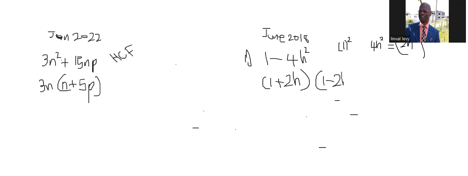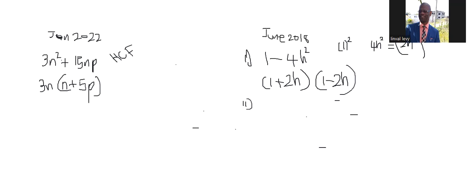Right, so that's difference of squares. 1 times 1 is 1 squared. 2 times 2 is 4, right? And then h times h is h squared.